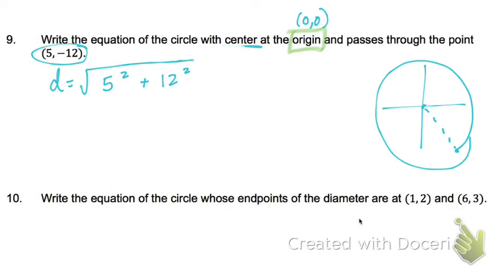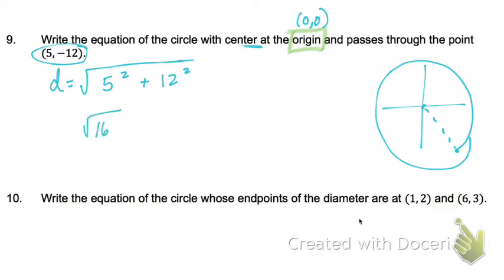And so put that in your calculator. Remember, if this were a non-calc section, I wouldn't give you numbers this big. They would be very tiny, because I don't expect you to know how to do all of this. So 25 plus 144, 169.